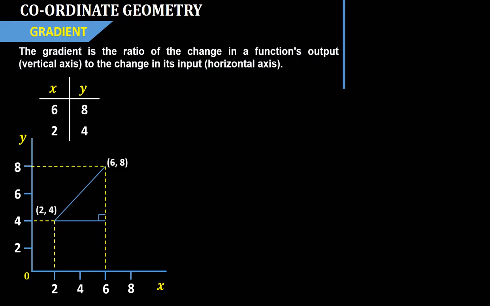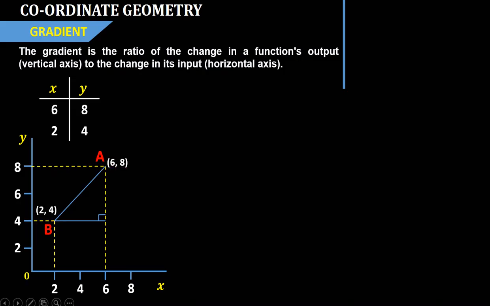We can name this point A, and this point B. This point of intersection was caused by 6 and 8, while this point of intersection was caused by 2 and 4. So that was 6 on the x-axis and 8 on the y-axis, while this one was 2 on the x-axis and 4 on the y-axis.